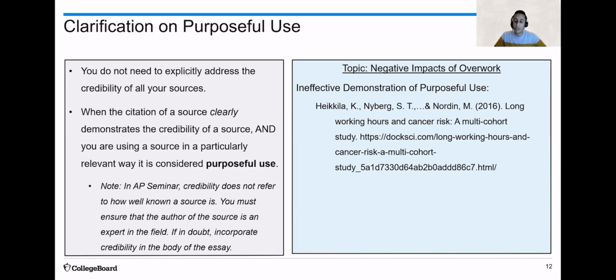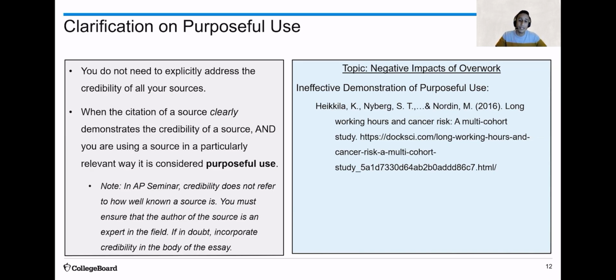I have my Hekela, Nyberg, and Norden source, and the title again is Long Working Hours and Cancer Risk, a multi-cohort study. We can see here that this citation is coming from docsci.com. Now, we don't know what docsci.com necessarily is, so we don't know what the credibility of this source is going to be just by looking at it.